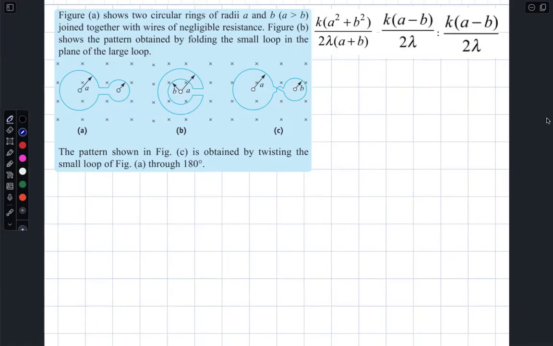The question is not properly pasted. Figure A shows two circular. Okay, fine. One more line is missing, if I'm not mistaken. Let me identify that.